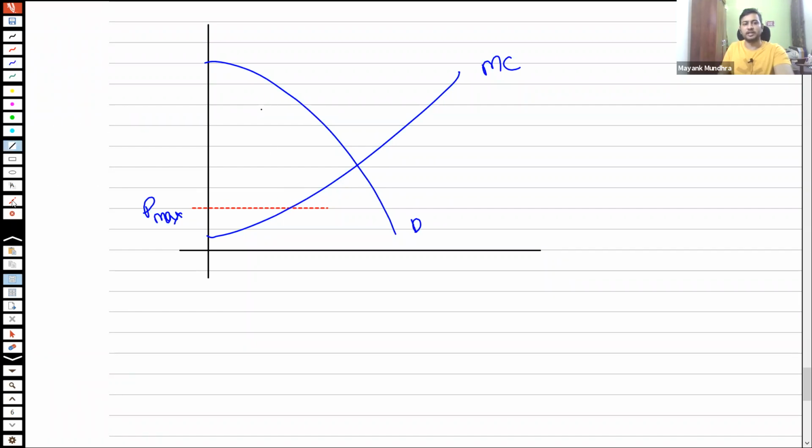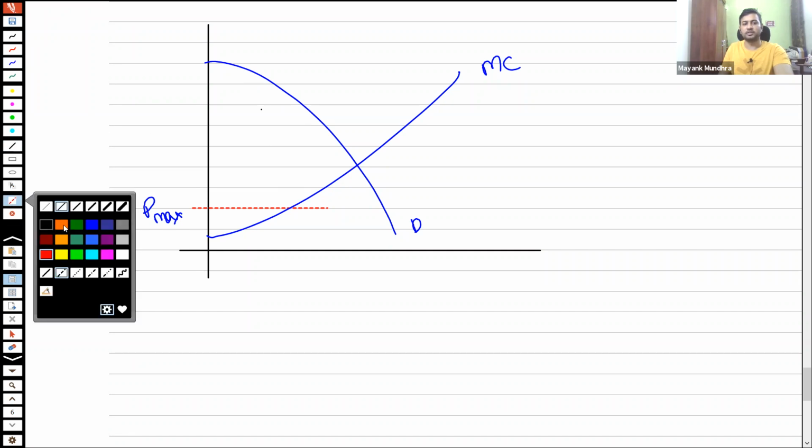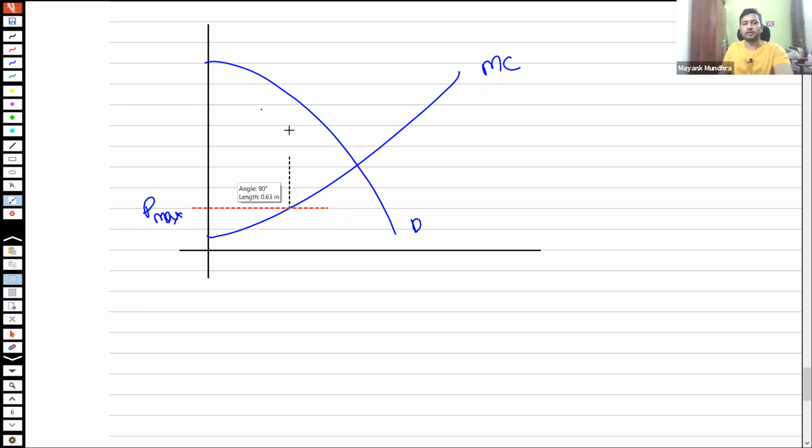So at this price, the quantity which gets sold in the market becomes... all right, and this is the maximum price which consumers were willing to pay.